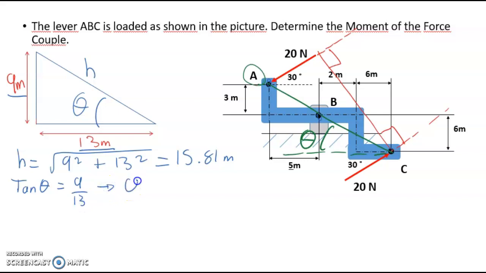That means theta is going to be equal to the inverse tangent of 9 over 13. Theta is going to be 34.69 degrees.